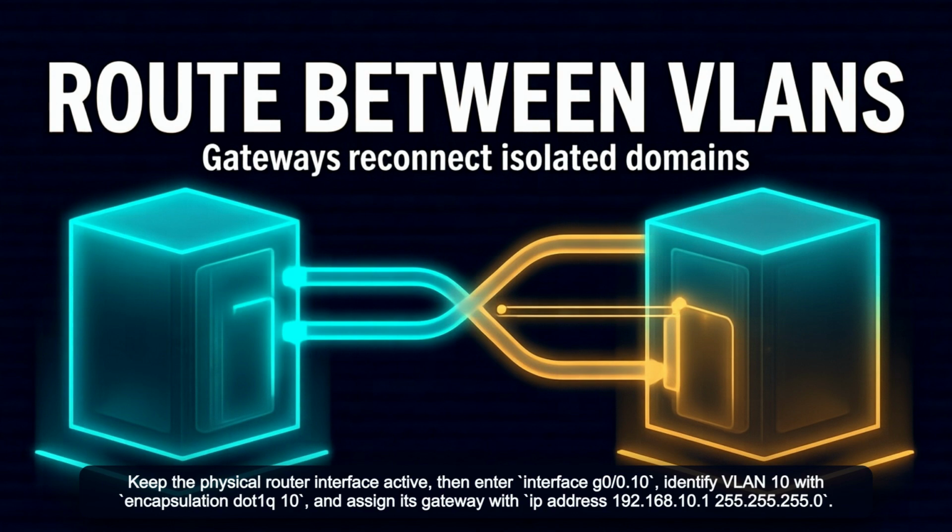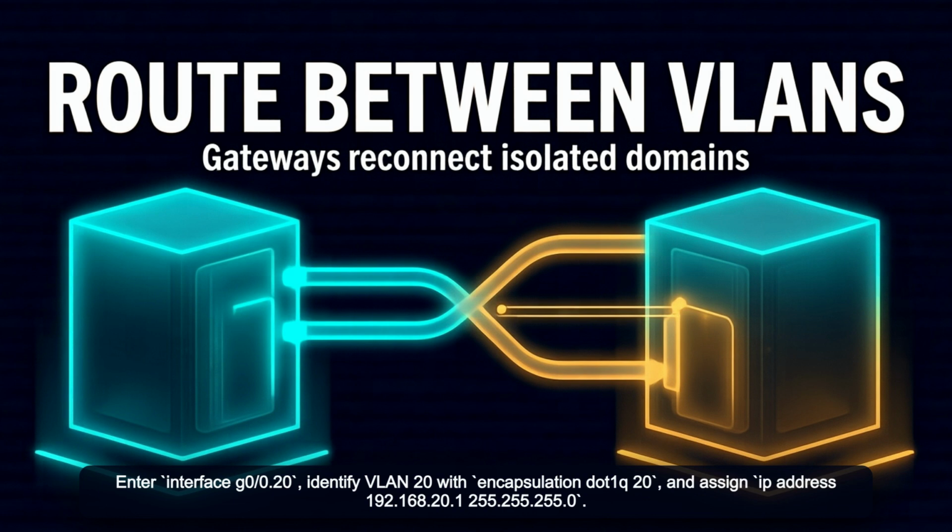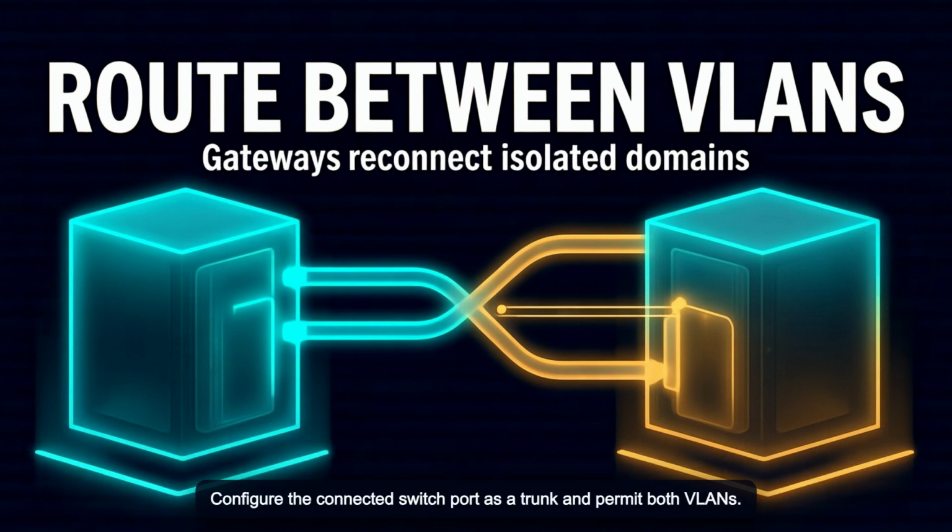Enter interface G0/0.20. Identify VLAN 20 with encapsulation dot1q 20, and assign IP address 192.168.20.1 255.255.255.0. Configure the connected switch port as a trunk, and permit both VLANs.